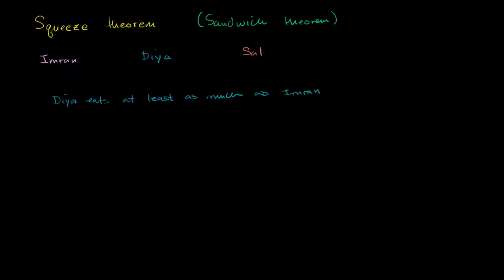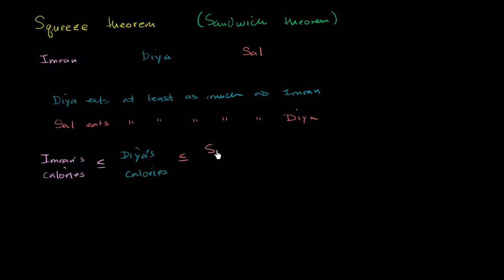And then we can say Sal eats at least as much as Dia. And so we could set up a little inequality here. On a given day, Imran's calories are going to be less than or equal to Dia's calories on that same day, which is going to be less than or equal to Sal's calories on that same day.